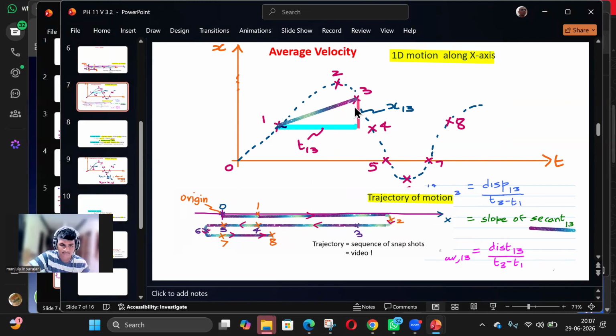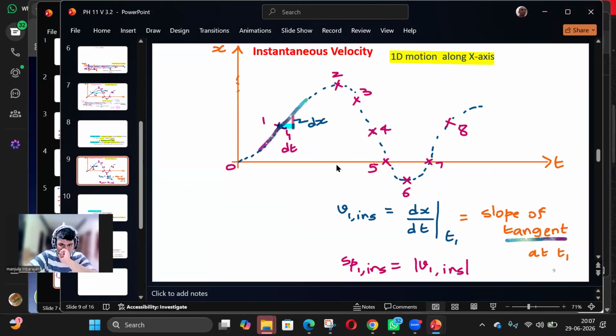So average velocity between 1 and 3 is this much delta x, x13, and the corresponding t13. So x13 by t13 is basically the slope of this line because it's a right angle triangle. So the slope of the secant between the corresponding time interval is the average velocity. Instantaneous velocity becomes the slope of the tangent because it's different at each and every point.